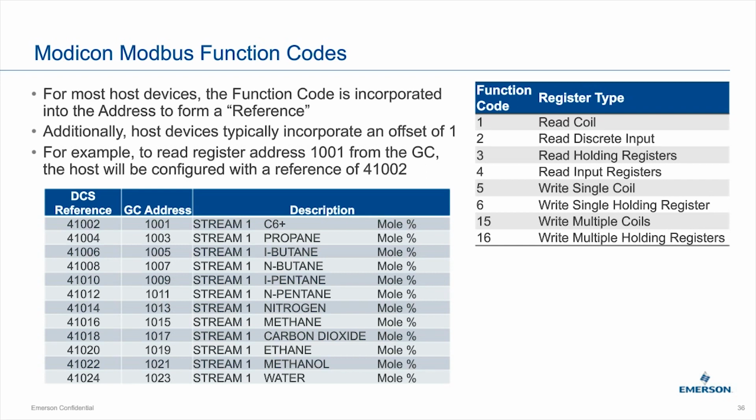Once it's up and running, once it's configured, everything is great. It's just knowing about these little idiosyncrasies of Modbus communication can really get you out of a pickle very often. So just remember that the DCS or PLCs have the function code first, and also often there is an offset of 1.